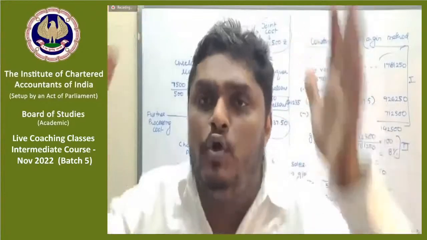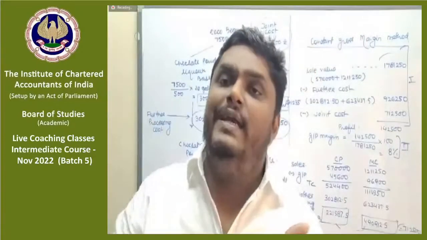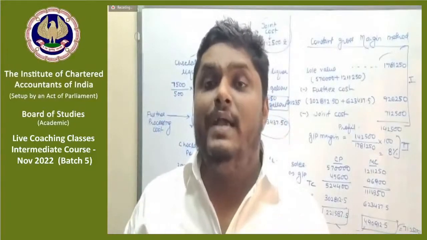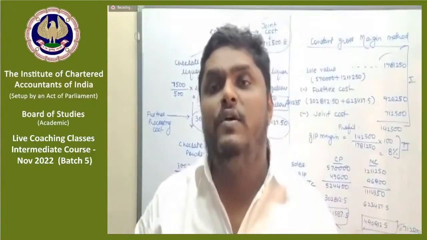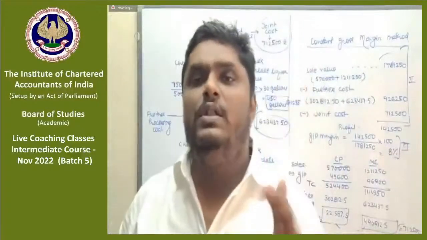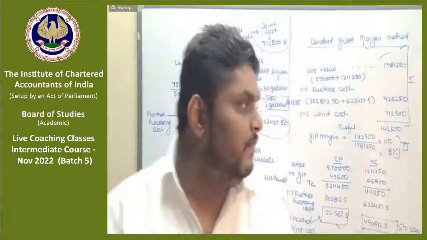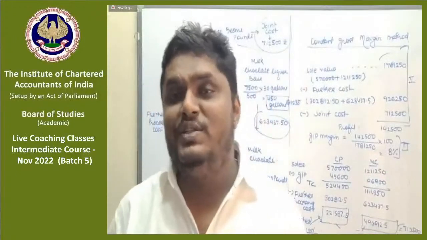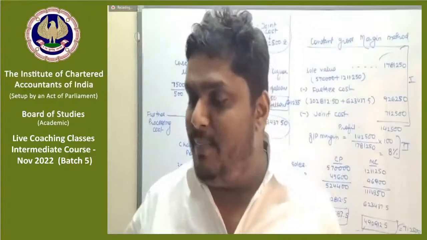Because if you do not make this flowchart, every time you have to read the question while solving, and it will take lots of time. Once the flowchart is ready, you can solve the question within minutes. So this is all about this chapter, joint and byproduct.